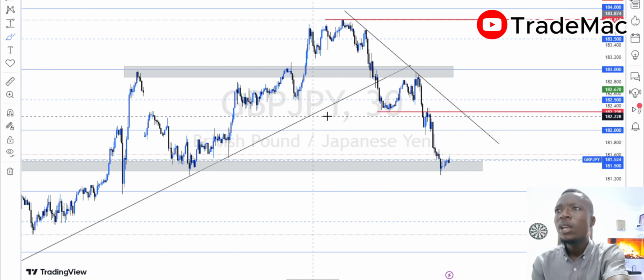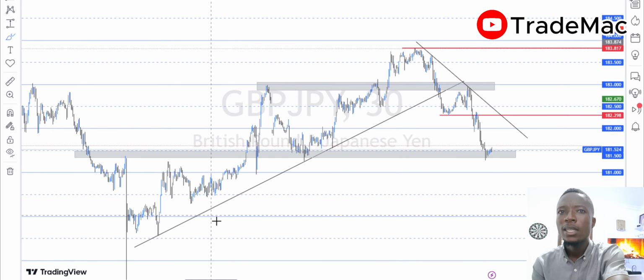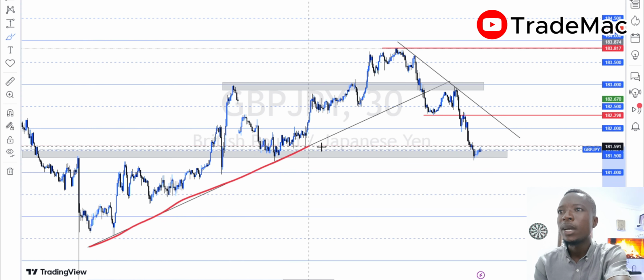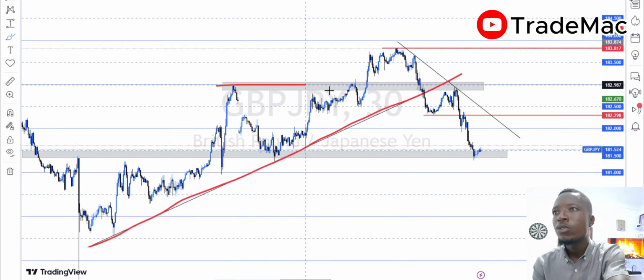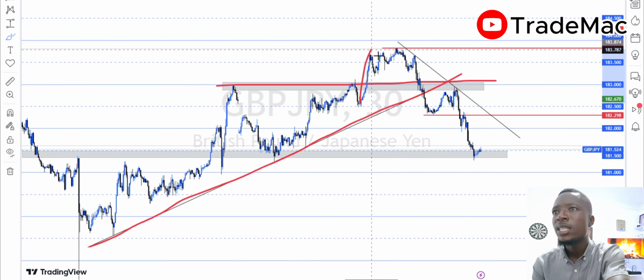So at the 30-minute time frame, I had my resistance trend line, which the market was respecting right here, and I also saw this very resistance zone right here, which got violated, and the market created a higher high, played around this very zone and eventually broke through this very resistance zone.